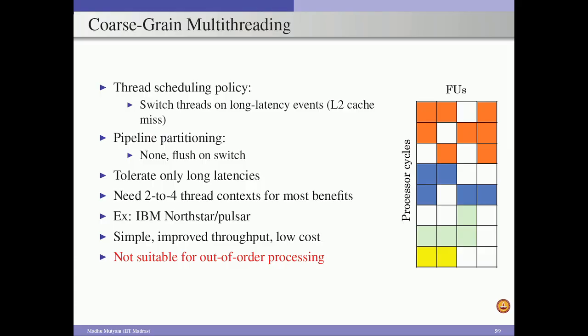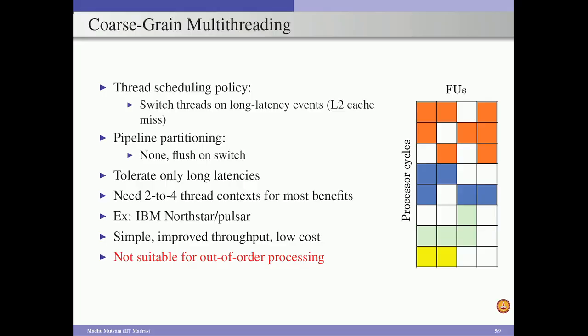So, we have to switch between threads only when we encounter long latency events. If this long latency event takes a significant amount of time to service, then it is always better to go to a new thread even when we incur some pipeline stages wasted in the process of flushing and fetching new instructions from the new thread.